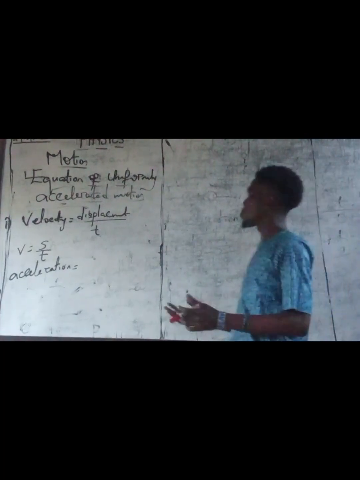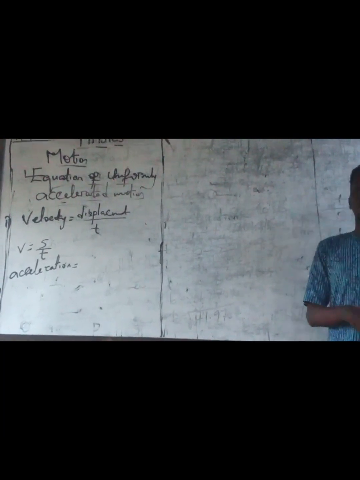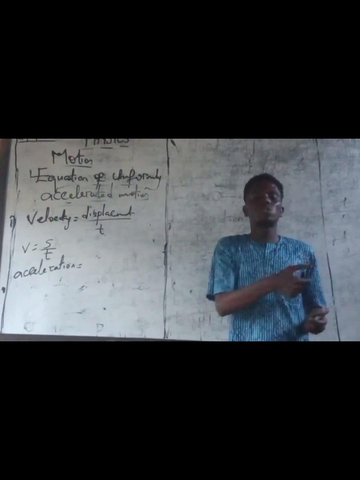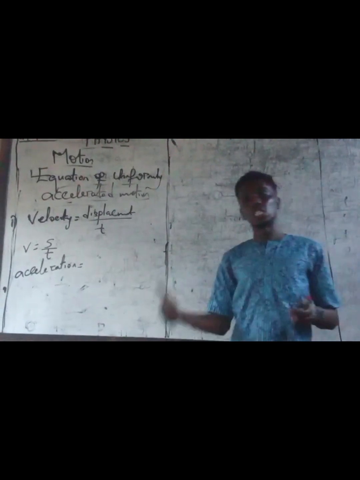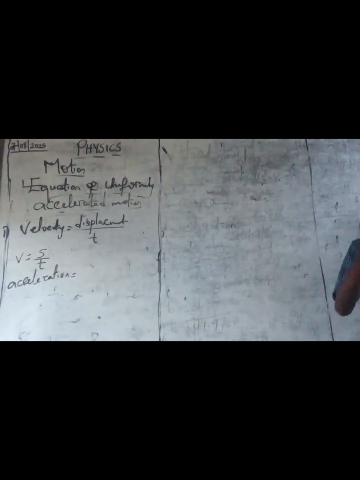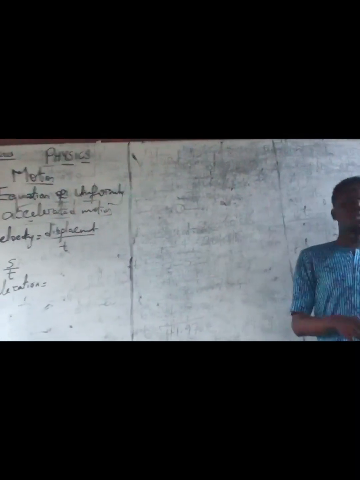Now, we can have initial distance, we can have final distance. To get the displacement of a body that travels its initial distance and also travels its final distance, what you just do is to calculate the displacement. It will be final distance, which is d2 minus d1, which is the initial distance. So that tells you that displacement can either be negative or positive. Please take note, most vector quantities are either negative or positive.